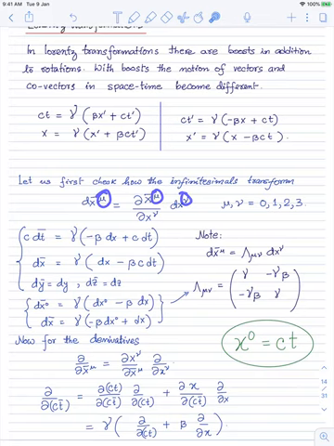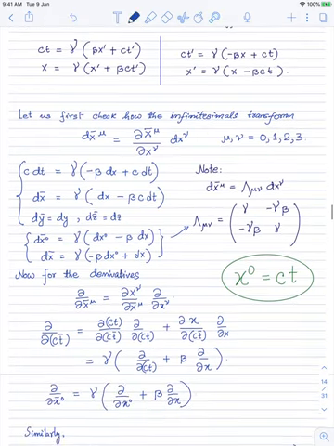Apart from ijk, I'm using these Greek indices mu, nu, lambda, etc., and these indices run from 0, 1 to 3. You can ask me what is 0, and this x0 is basically c times t. As you can see, this has the dimension of length if I multiply with c, and this is c times t, and this is my x0.